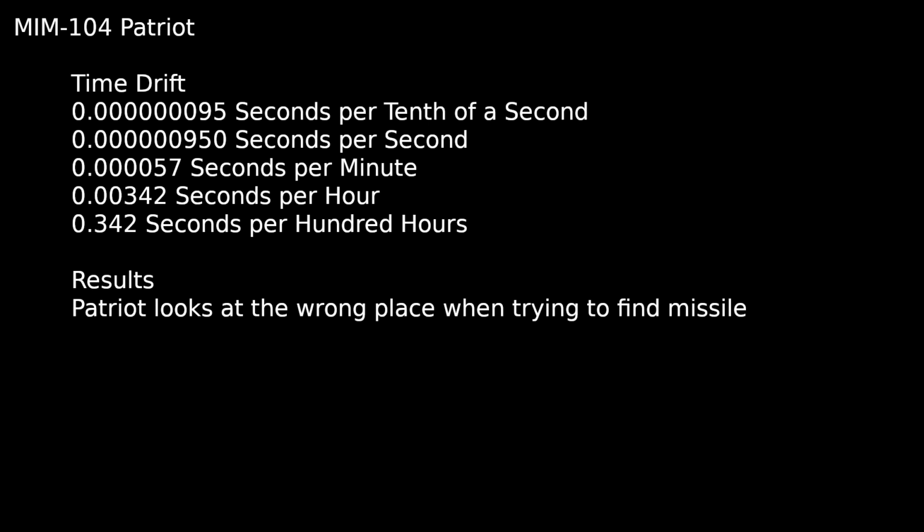This rounding resulted in the system time slowly drifting over the course of many hours. After 100 hours of operation, the slight error introduced on the calculations was magnified to around 1/3 of a second. A Scud missile, which travels around 1600 meters per second, was able to travel more than half a kilometer in this time, far enough that the Patriot was unable to locate it on the second detection as it wasn't looking at the right place in the sky.